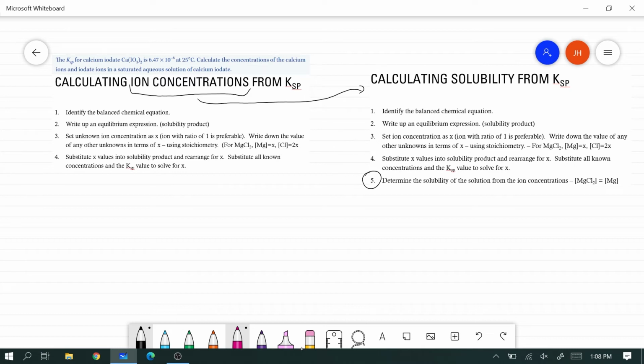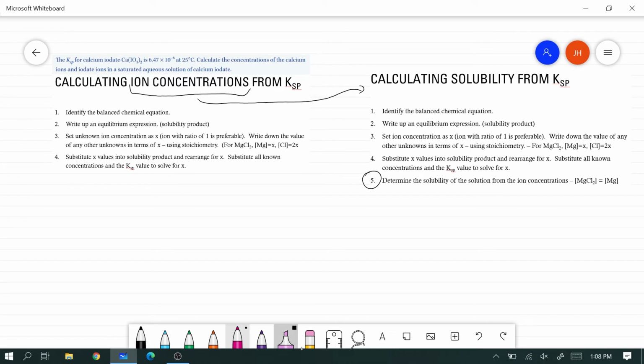So our question reads, the Ksp for calcium iodate, Ca(IO3)2, and there's 2 of those iodate ions, is 6.47 times 10 to the negative 6 at 25 degrees Celsius. We're being asked to calculate the concentrations of the calcium ions and the iodate ions if the solution is saturated.